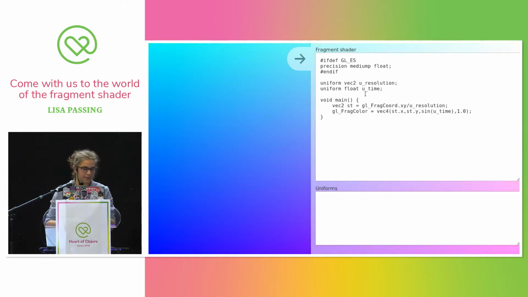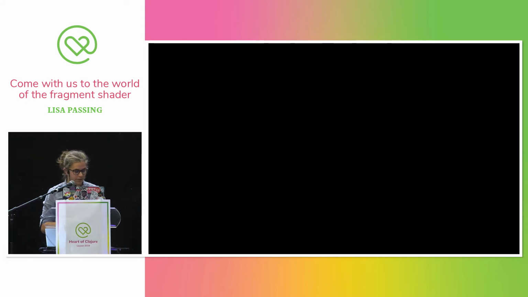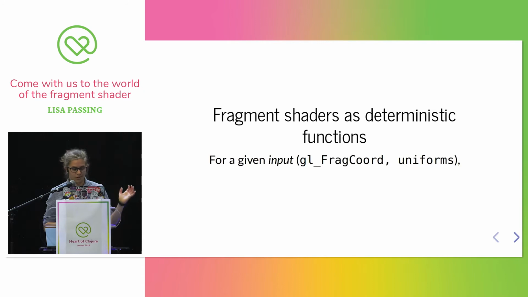And this is basically all that shaders are actually about. We have some coordinates and we do something with them. This is probably the most functional slide in this entire presentation. It's never mentioned anywhere in graphics or shader programming, but it was easier for me to reason about a shader if I thought of it as a deterministic function, even though main does not take any arguments or return anything.